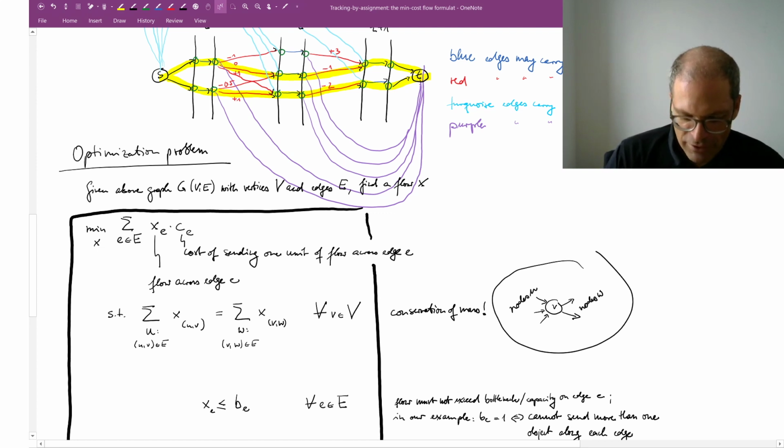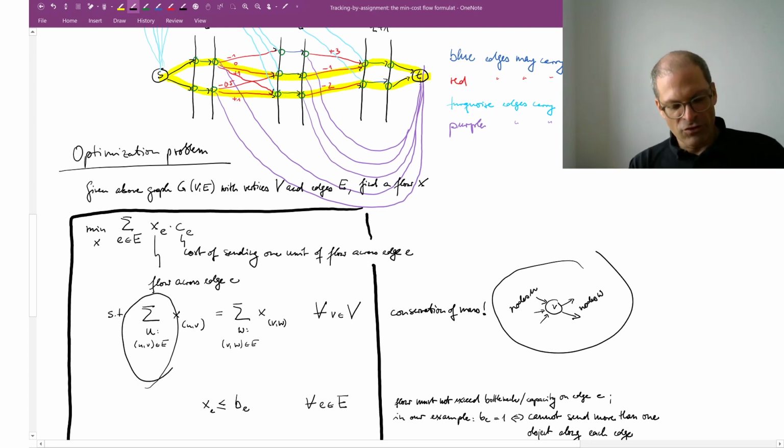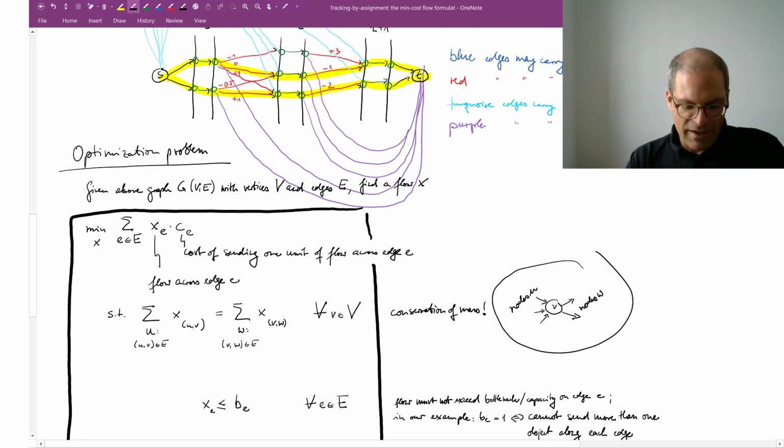And so what we do is, for one node V in the set of all nodes, I look at all incoming flows. So I sum over all nodes U that are directly connected to node V. So I'm writing summation over U such that the edge UV is in the set of edges. And I'm summing over their flow.